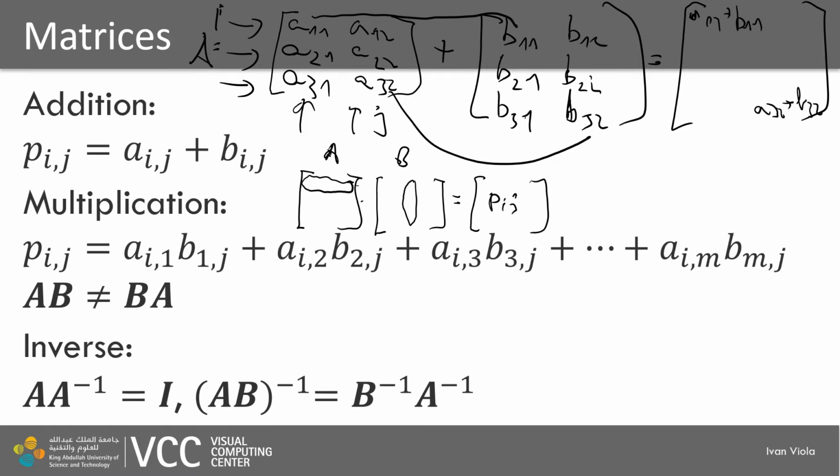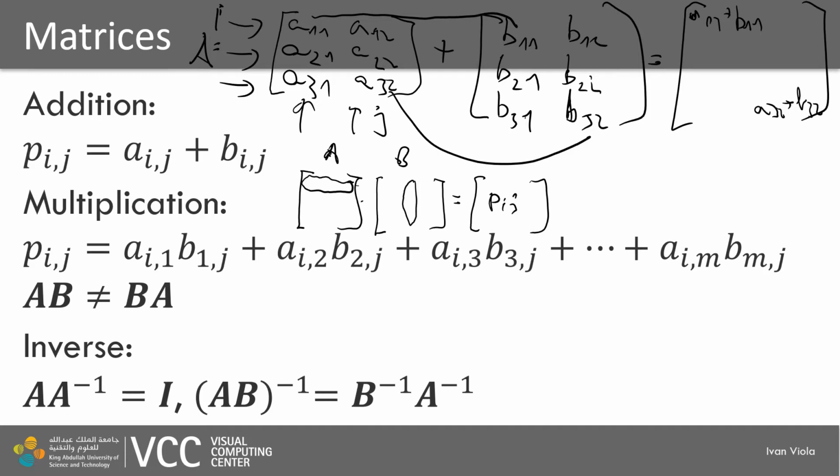Also, for both addition and multiplication, there are certain restrictions on which matrices you can multiply or add together. As you can see, we need to have the same number of elements in the rows of the first matrix as there are columns in the second matrix, so that we can create a multiplication of these two matrices.